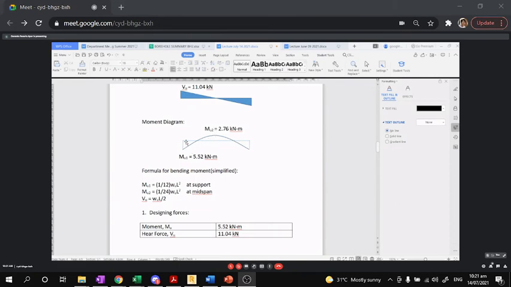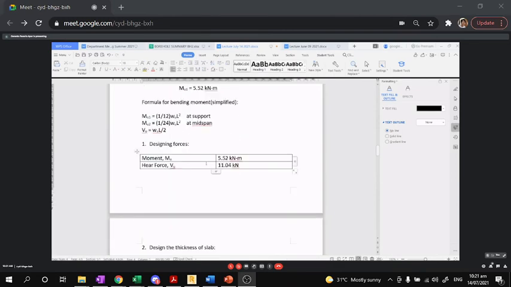Like for example, for the mid span, I put the main reinforcement at the top, and then I ask you why I transfer the location of the main reinforcement at the bottom, and you answer it correctly because the tension at the mid span is at the bottom. Okay, so these are what we call shear force.